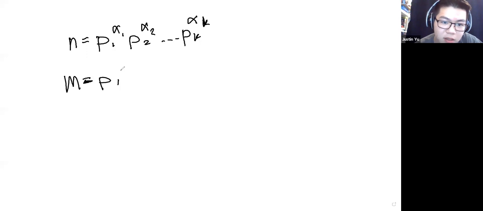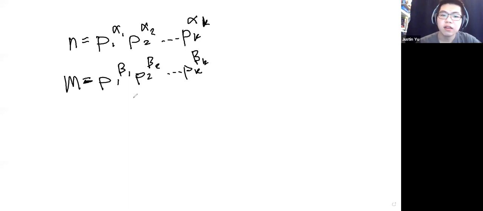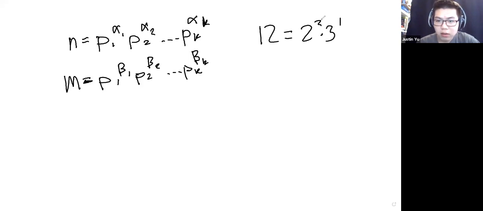So let's say p1 to, let's call it beta. I'm using Greek letters for the exponents. This is standard notation. And the things above the p's are exponents.